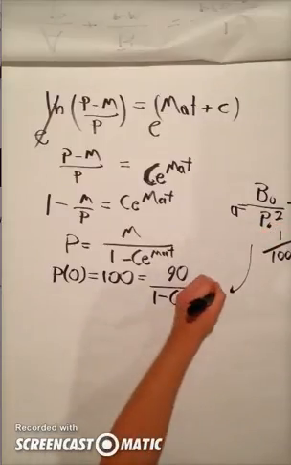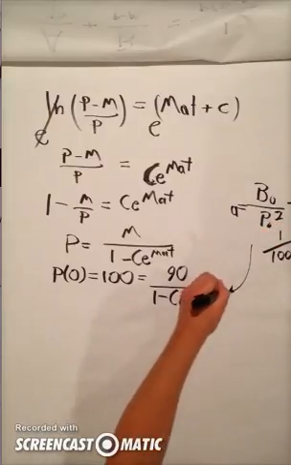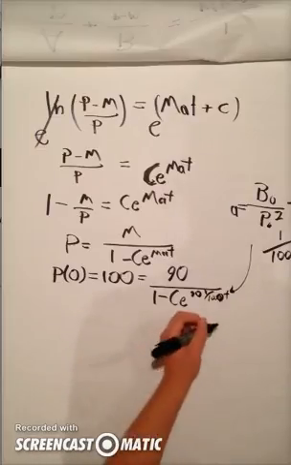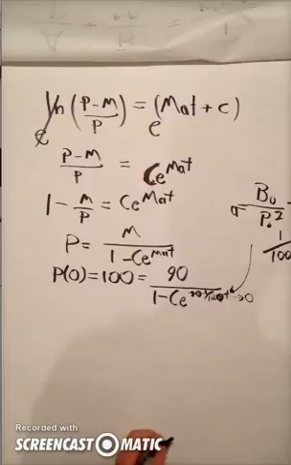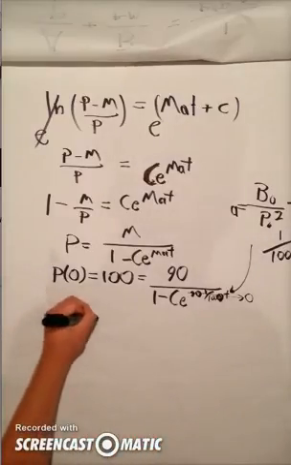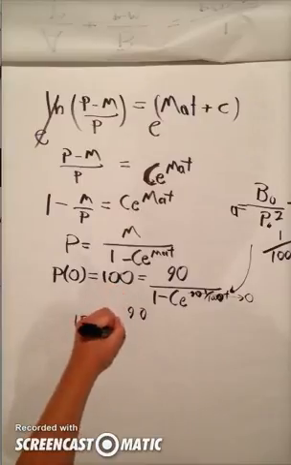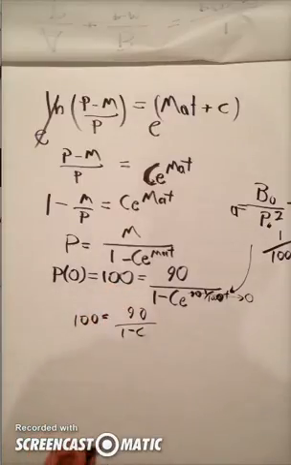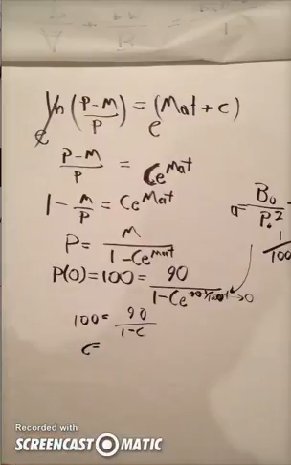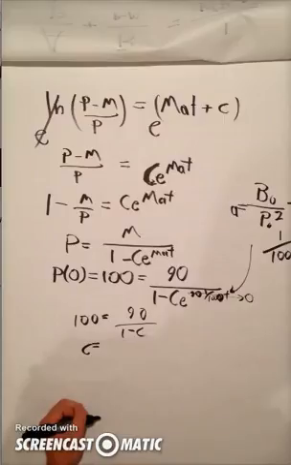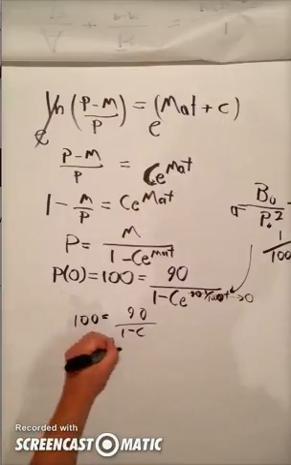So that's where that came from. So this is 1,000 times t, but we know t is 0, so this is just 0. Basically we're left with 100 equals 90 minus C. And then we're left with C being 1 over 10.